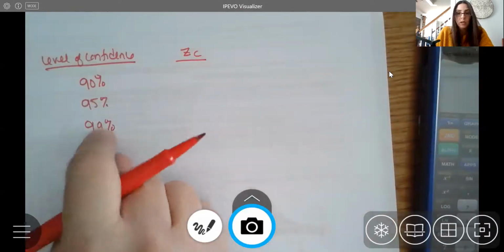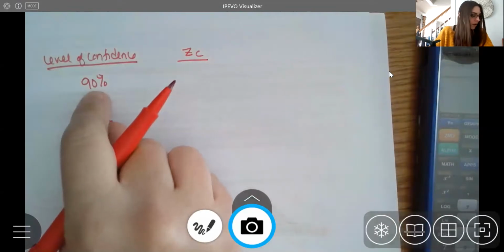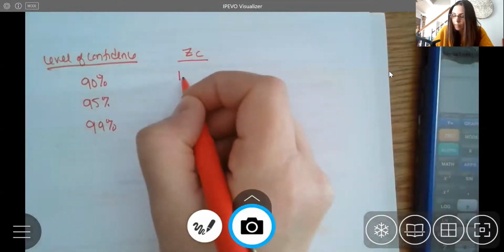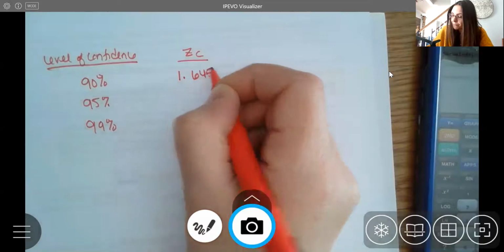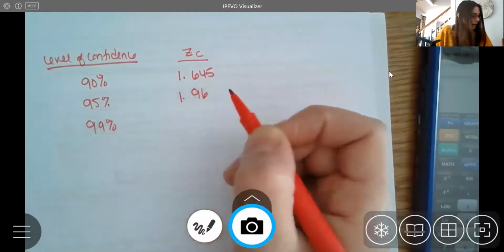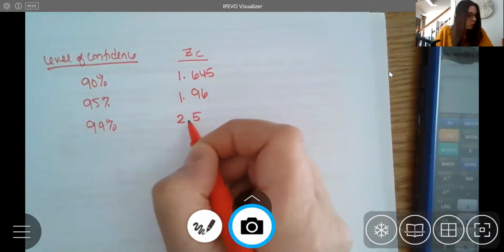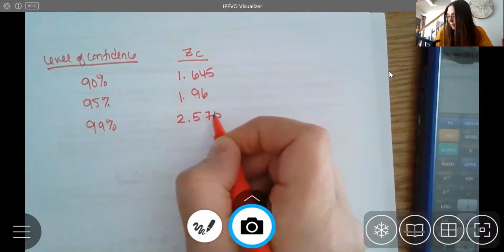So these are ones you may just want to write down or have memorized. When you're looking at a 90% confidence level, your z-score is going to be 1.645. When you're looking at 95%, you're going to use 1.96. And for 99%, I didn't do this one, but you can try it at home. It's 2.575.